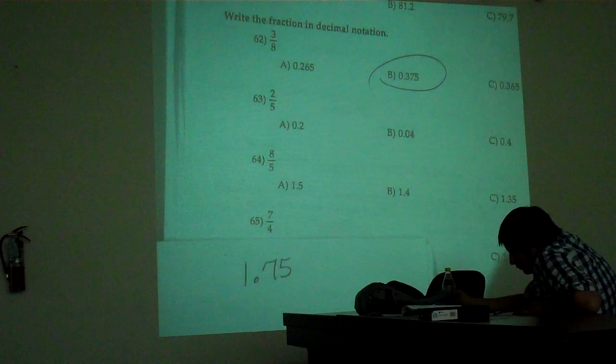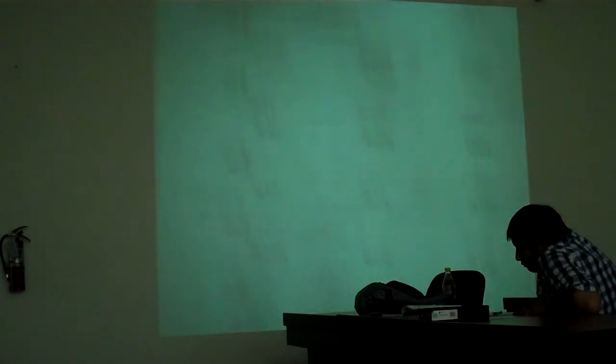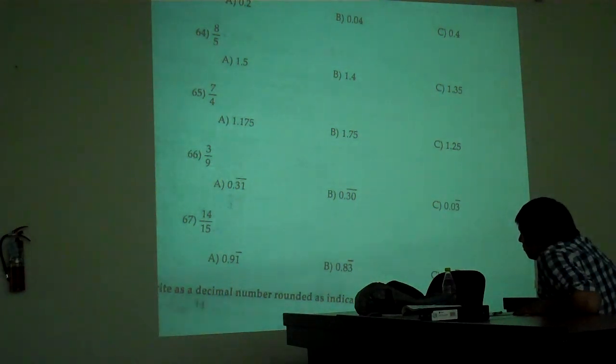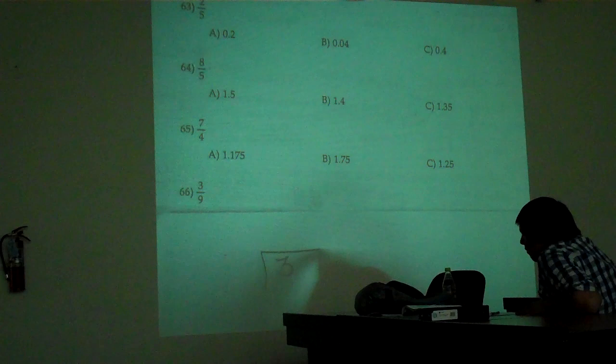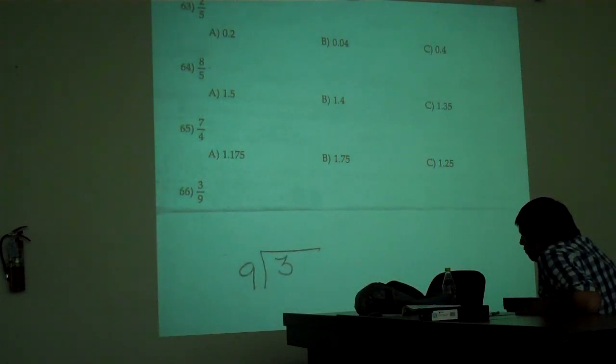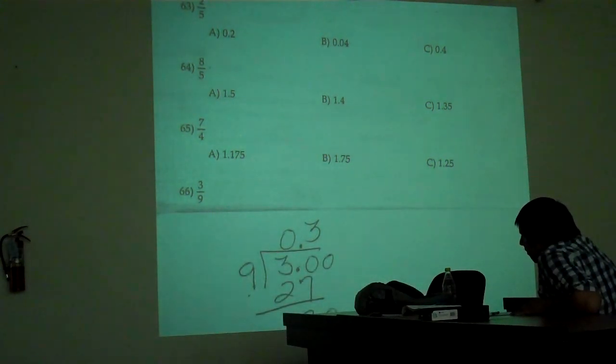Do the 7 under the division, divide by 4. 3/9. Okay, 3 goes under the division, divide by 9. 9 won't go into 3. 9 into 30? 3 times is 27 is 3. Another 30. It's going to keep repeating, isn't it?